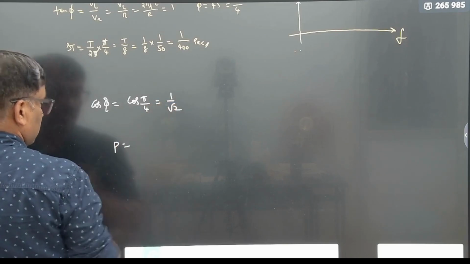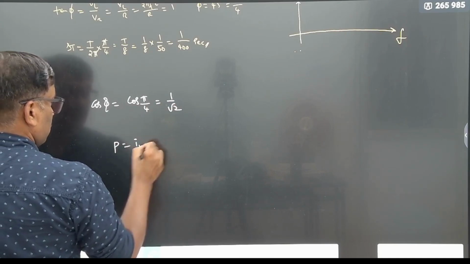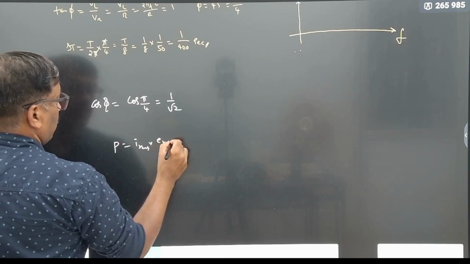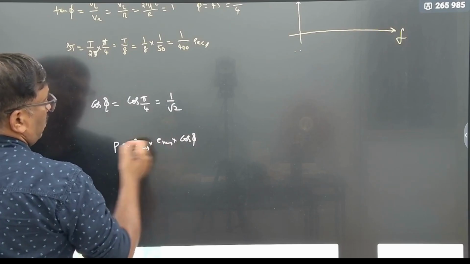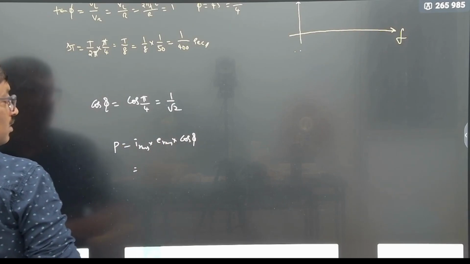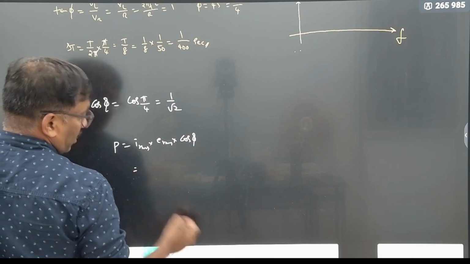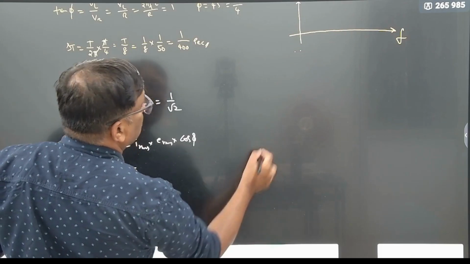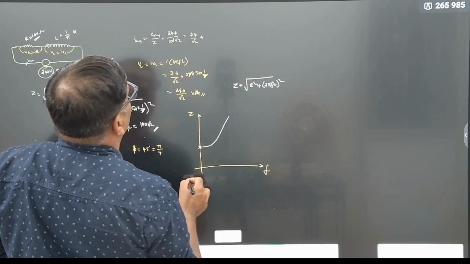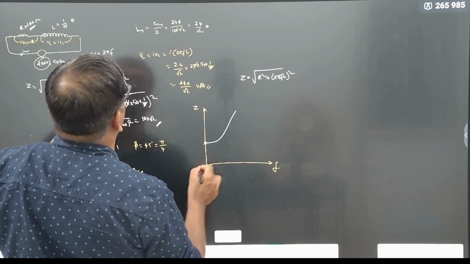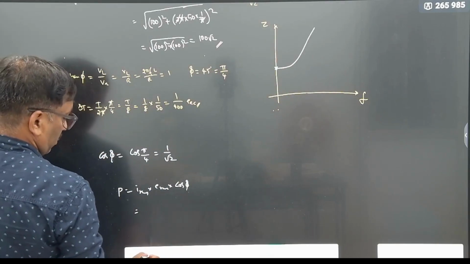What will be the power dissipated here now? Power dissipated is nothing but IRMS into ERMS into cos phi. IRMS we know now, ERMS by Z. Clear? Right? What is your current? Current we discussed, no? IRMS current, 2.4 by root 2. Right?